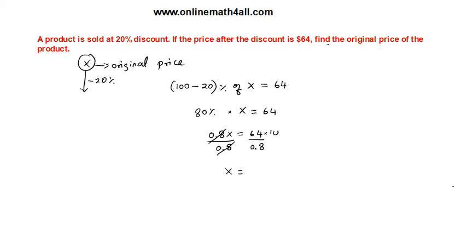I multiply both numerator and denominator by 10, because the denominator is a decimal number with one digit after the decimal point, and to make the division easier I want to get rid of the decimal point. When I do so, I get 640 in the numerator and 0.8 times 10, which is 80, in the denominator. 8 goes into 64 eight times, and there is a 0. So X is equal to 80. The original price of the product is $80.